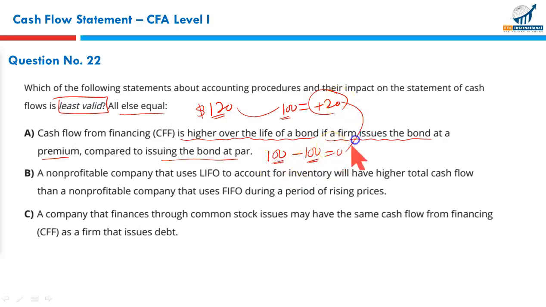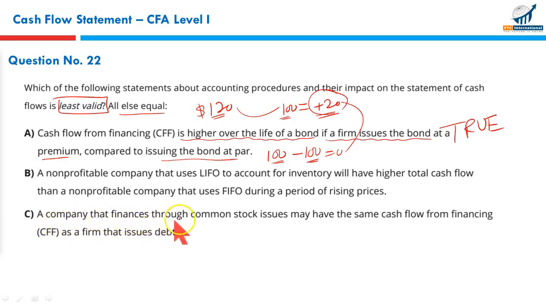So comparatively speaking, cash flow from financing activities will have a higher cash flow if the bond has been issued at a premium and redeemed at par value. So this is a true statement. Statement A is true.